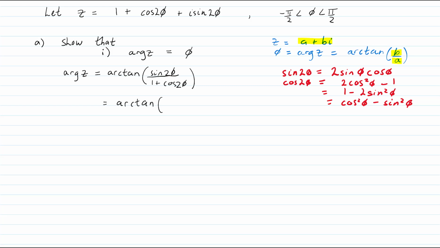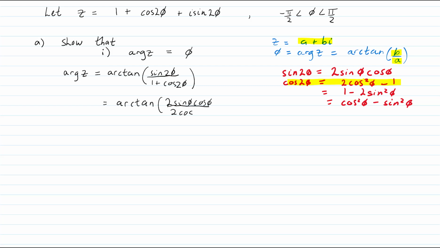So sine 2 theta, I've got them written in red over here, is equal to 2 sine theta cos theta. And 1 plus cos 2 theta, if we use this identity here and just take the 1 over to the other side, it's going to be equal to 2 cos squared theta.